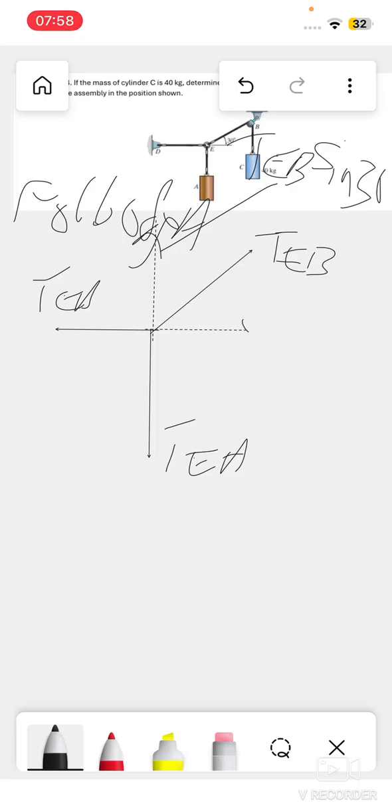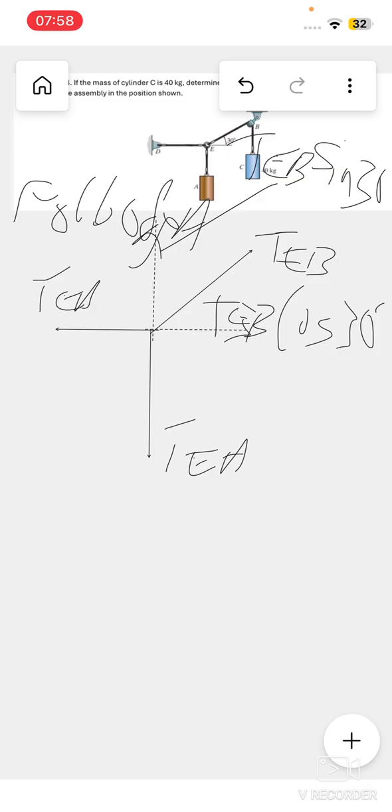This horizontal component we're going to name TEB cos 30. Therefore, I think we are done with our diagram.